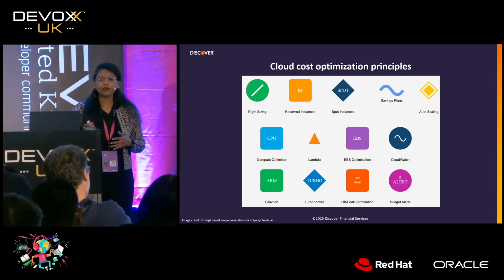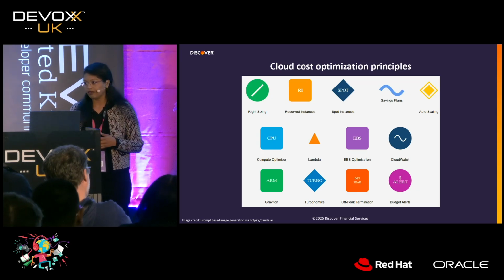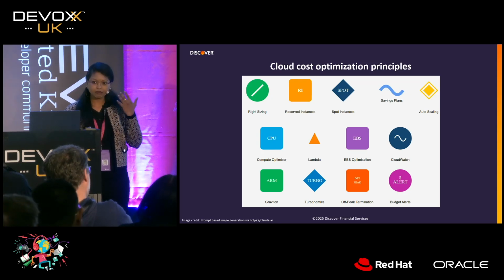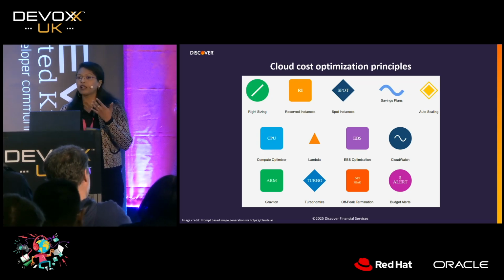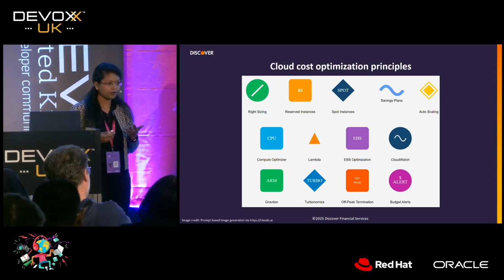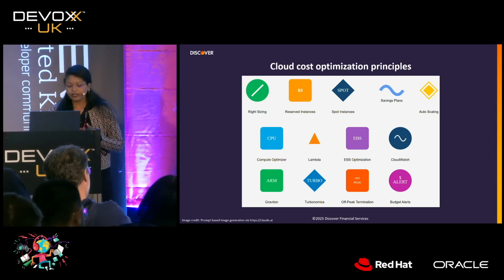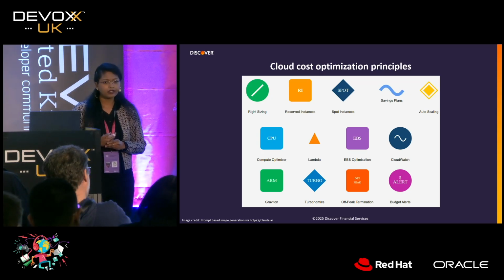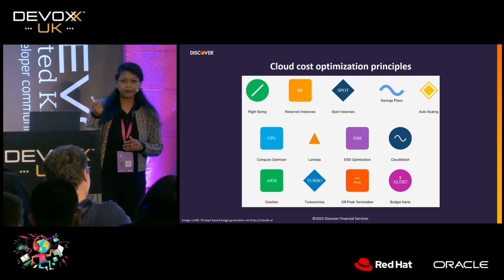Without observability, we cannot understand where we are actually wasting or getting these huge bills. So it's important we set up budget alerts, set up CloudWatch, and understand where our resource wastage is going. Then another important one, which was also very helpful, Turbonomic. Anybody heard about Turbonomic?